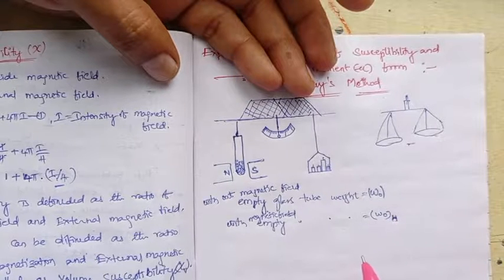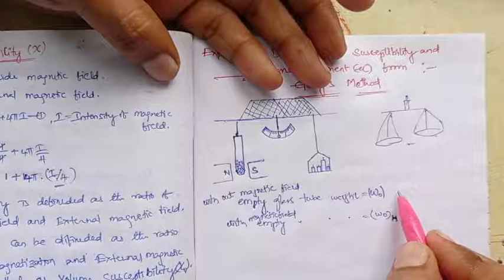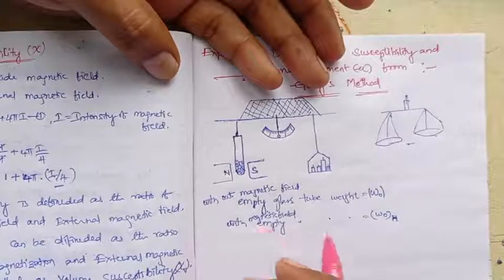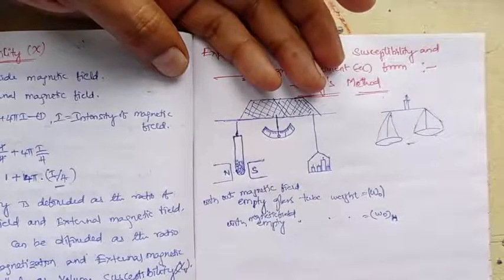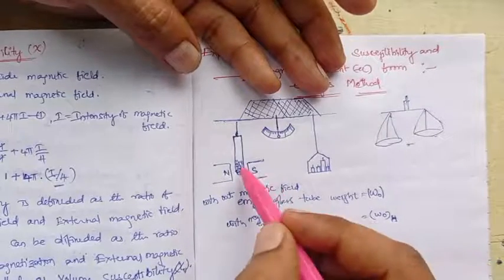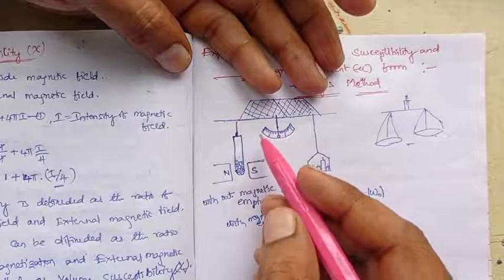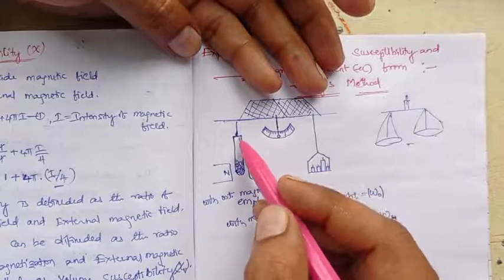Next, we will take a certain amount of sample and fill it into a cleaned glass tube.